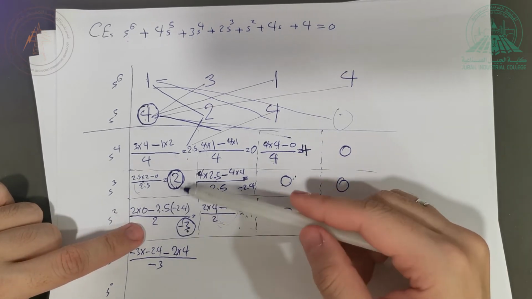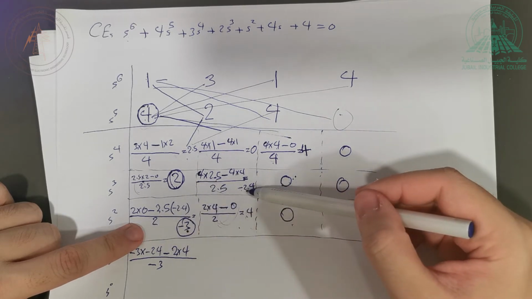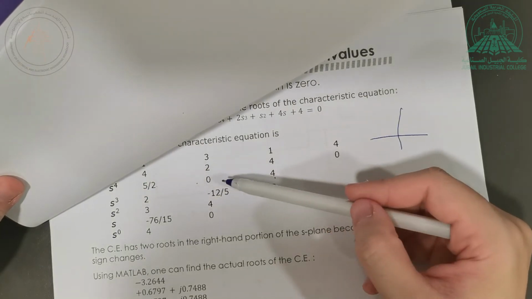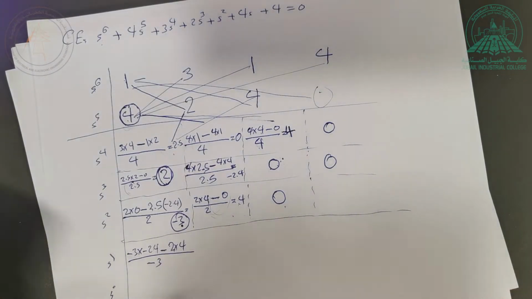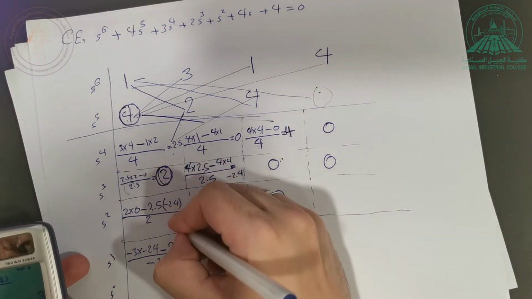In order to get this one, it is 2 multiplied by 0 minus 2.4 multiplied by 2.5, divided by 2. Yeah, this should be plus 3.